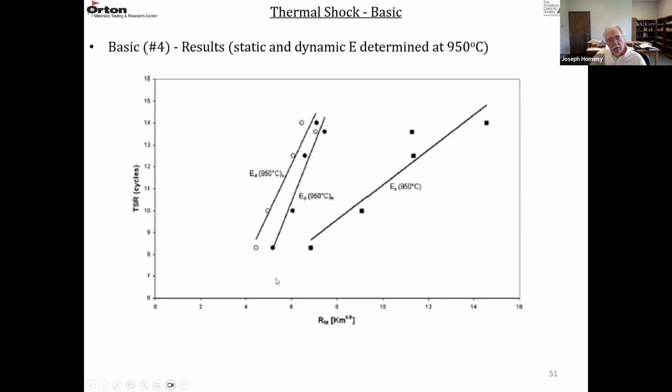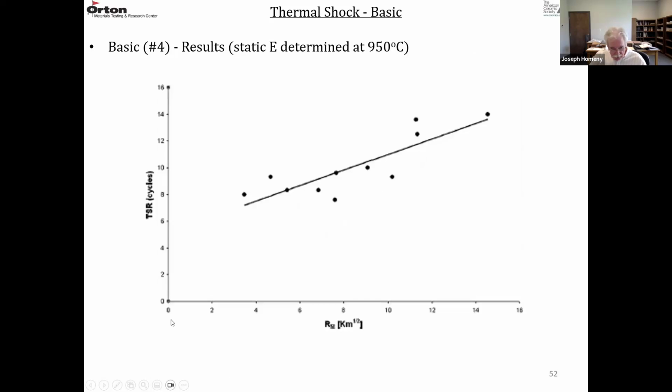Each one gave a pretty good correlation. If you do a regression analysis, you get straight line curves. So no matter which version of the elastic modulus you used, they seem to correlate with this thermal shock test, the cylinder type test, quench test with RST.